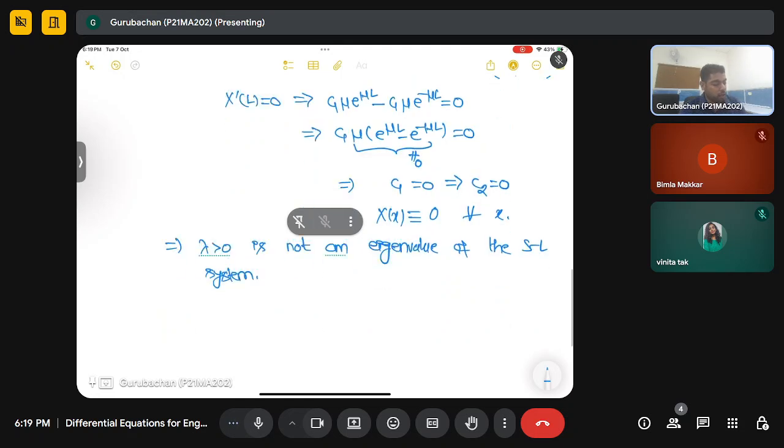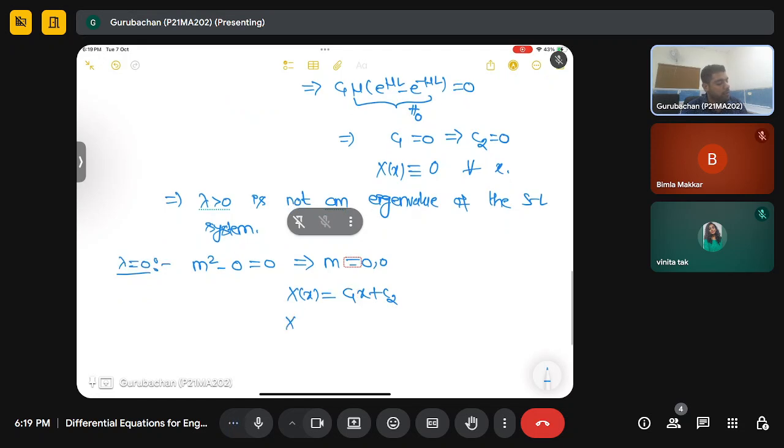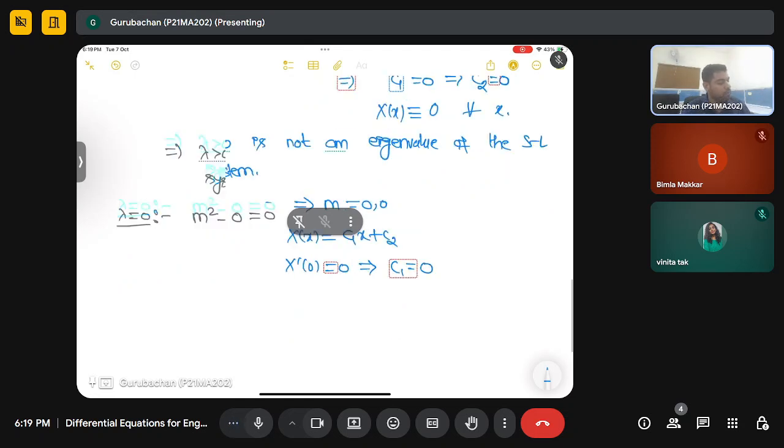Okay. Next case will be lambda equal to 0. That means the auxiliary equation will become m square minus 0 is 0. That means m can be 0 and 0, and X(x) can be c1x plus c2. X'(0) is equal to 0. This implies that c1 can only be 0.